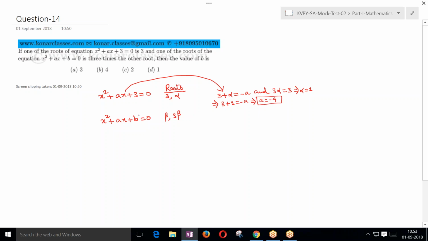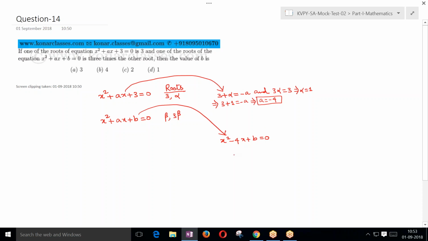Now let's look into the second one. In the second one, the moment we get the value of a equal to minus 4, that equation x square plus ax plus b now reduces to x square minus 4x plus b equal to 0. Correct? Now it has two roots, beta and 3 beta.